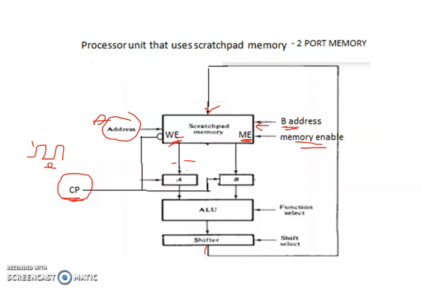When this ME signal is enabled, any new data can be written to the memory based on the address that is given in the port B address. So the B address will be having some destination register.